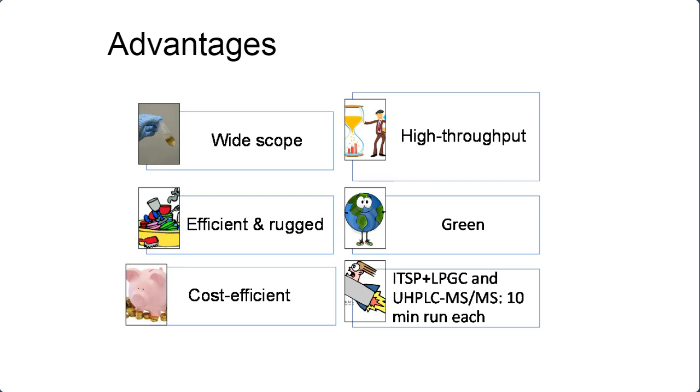Cost efficient and high throughput. We can analyze more samples in a short amount of time. And as I mentioned, our automated sample cleanup, ITSP, conducted in parallel with low pressure GC, takes 10 minutes. It is also matched by UHPLC and GC-MS/MS, which is 10 minutes each per run.